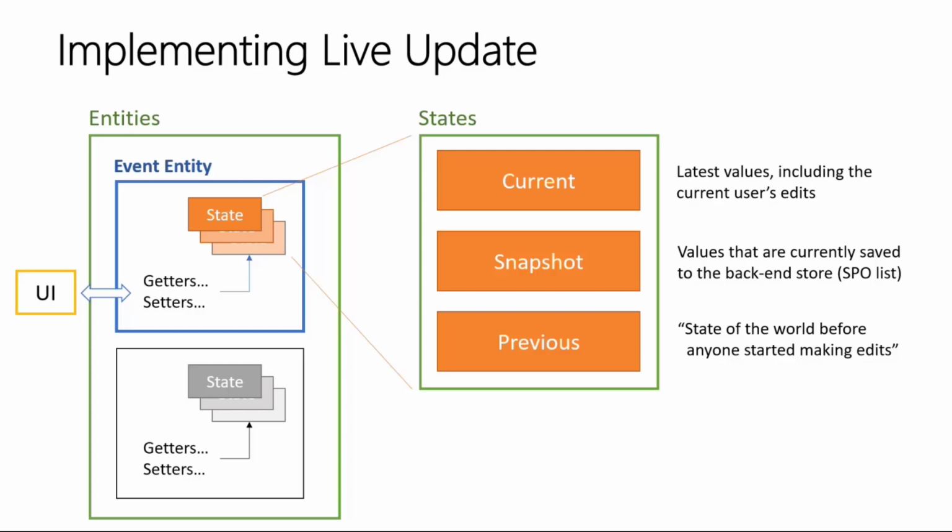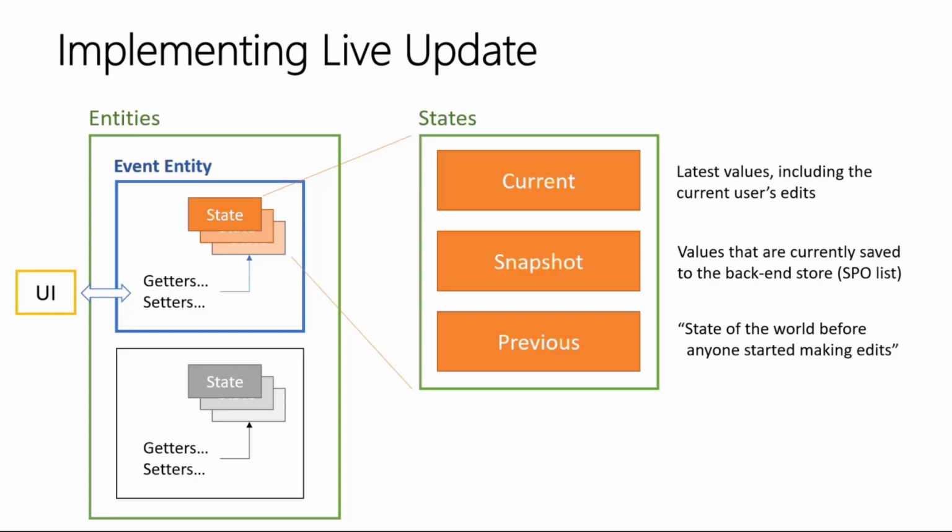The first version is the current version, which is the edits the current user is making. The second version is the snapshot version. This is what is currently saved to the SharePoint list, which includes the other user's recently saved changes. And the third version is called the previous version, which I like to refer to as the state of the world before anybody started making edits.